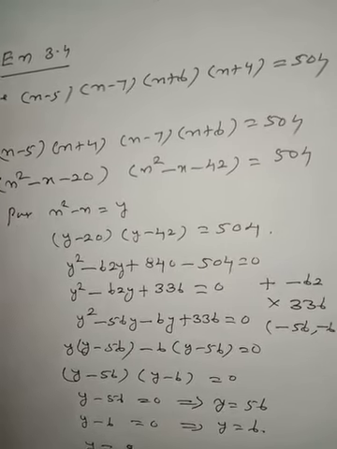Now rearranging the given problem, solution, let x minus 4 into x minus 2 as first and last, and second and third, x minus 7 into x plus 1 is equal to 16.